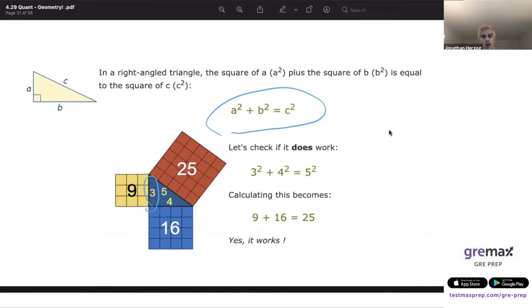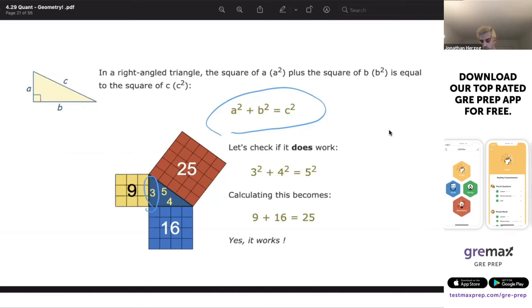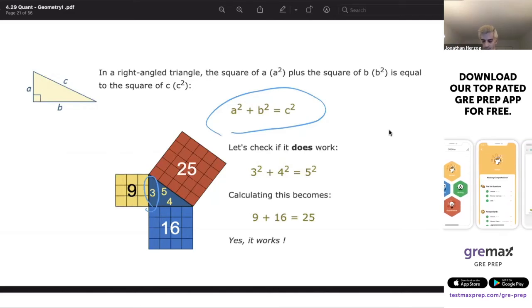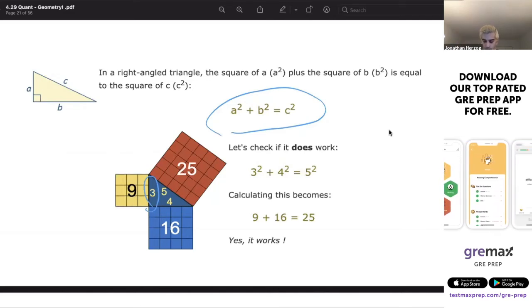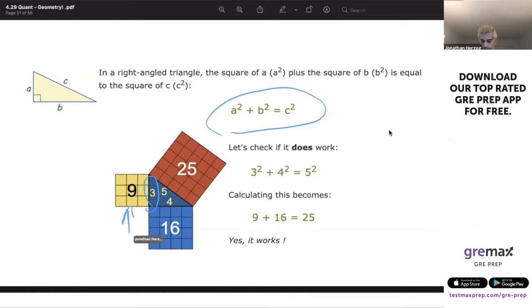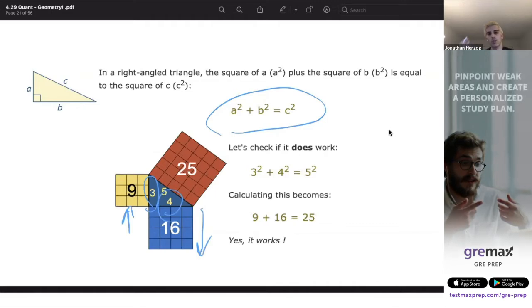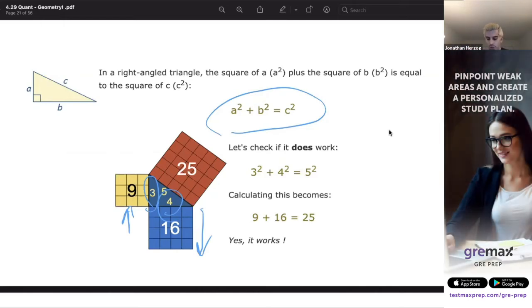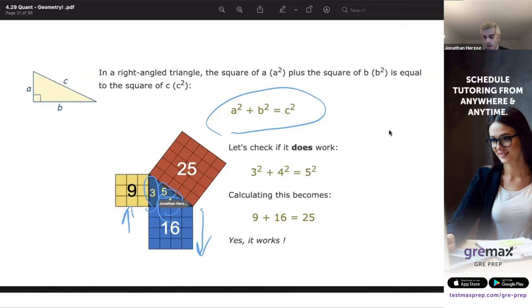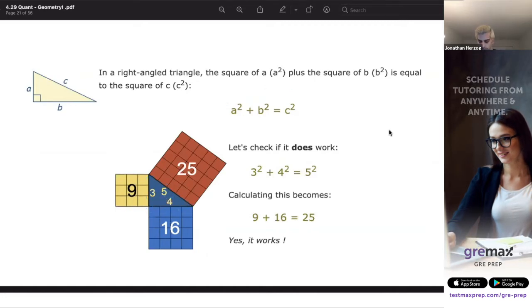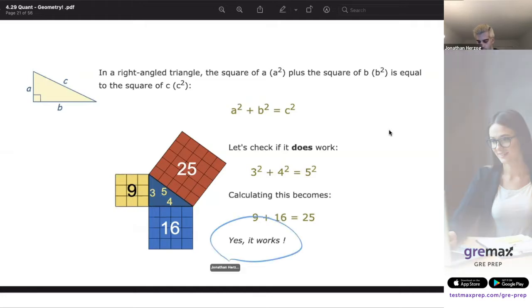We go back to our exponents lesson, which is posted on our YouTube channel, very helpful for this. We have 3 rows of 3, that gives us 9. Leg B is a 4. We have 4 rows of 4, that gives us 16. And indeed, this being one of our technical truths, 9 plus 16 is 25, which is equal to the hypotenuse, or side C, squared. So indeed, it works.